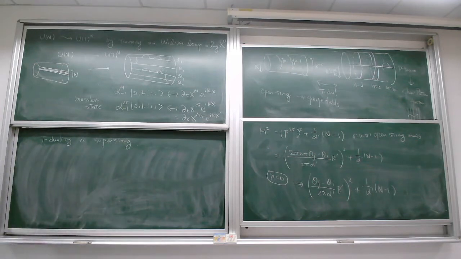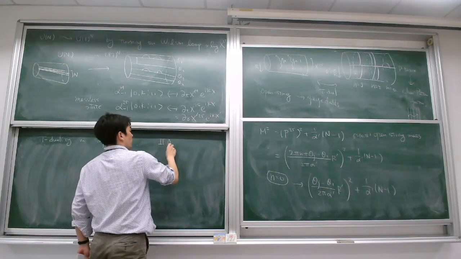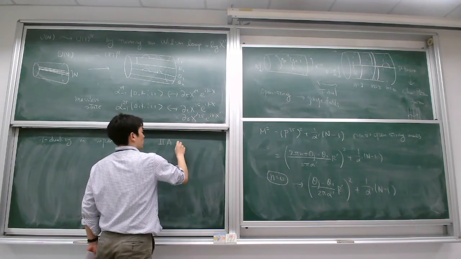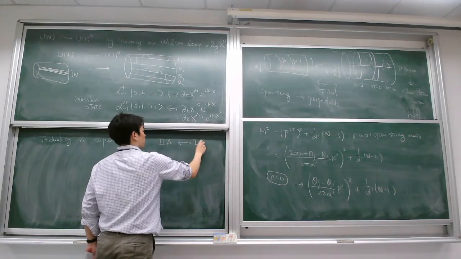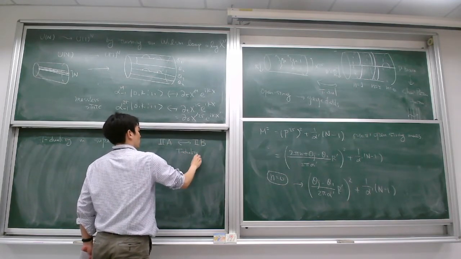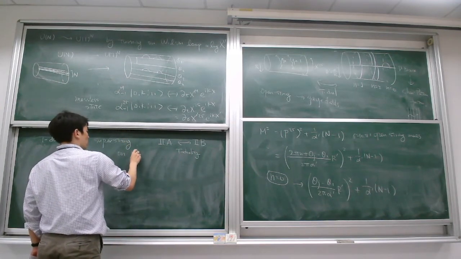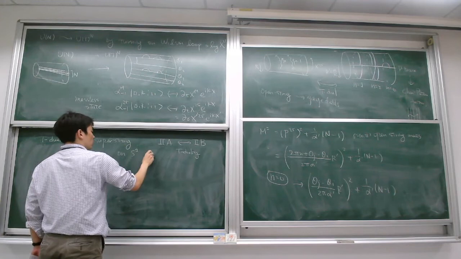So in T-duality and superstring, especially, this T-duality relates 2A and 2B. Of course, superstring T-duality on S1.